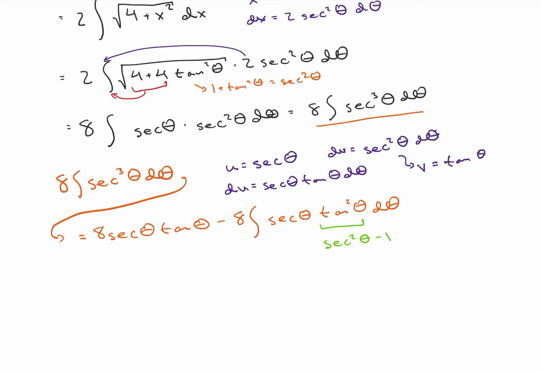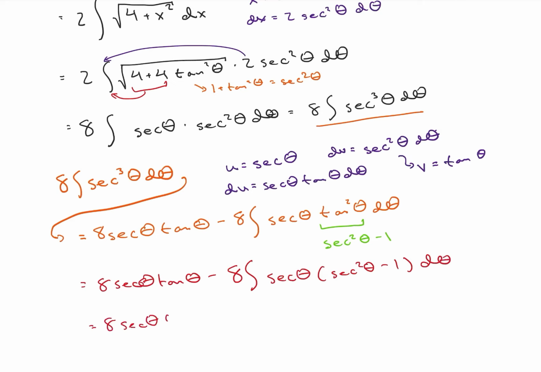this then becomes 8 secant theta tangent theta minus 8 integral of secant theta times secant squared of theta minus 1, which is then 8 secant theta tangent theta minus 8 integral of secant cubed of theta d theta minus 8 integral of secant theta d theta.